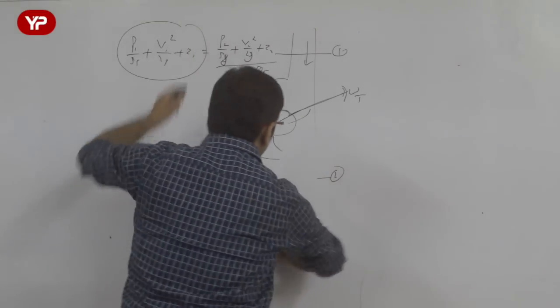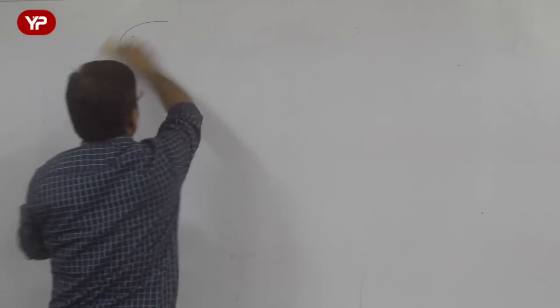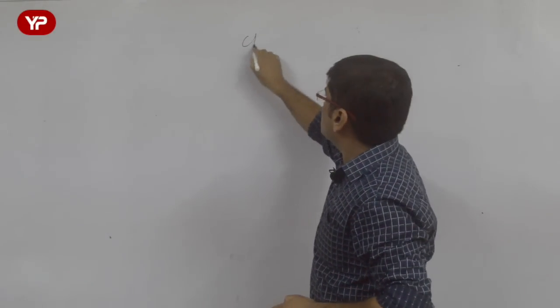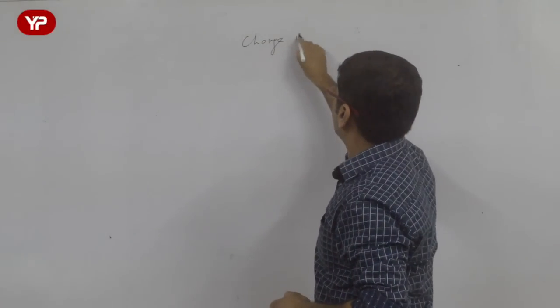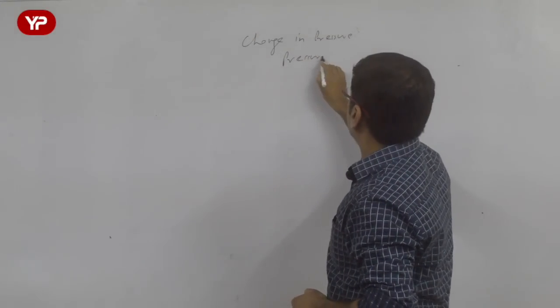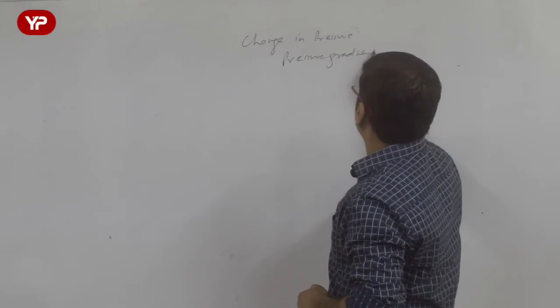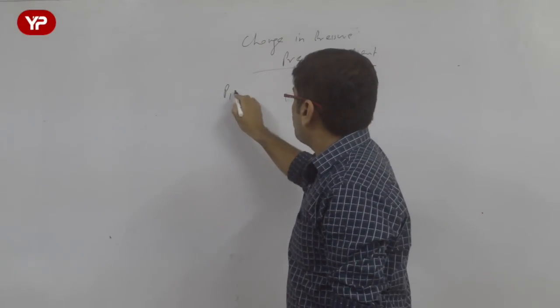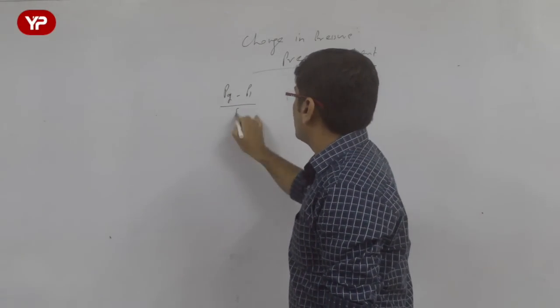Now I want you to understand a small concept related to pressure and change of pressure. This is a term which I want to clarify. Change in pressure, also called pressure gradient. There is a term related to that, P2 minus P1 by rho g.